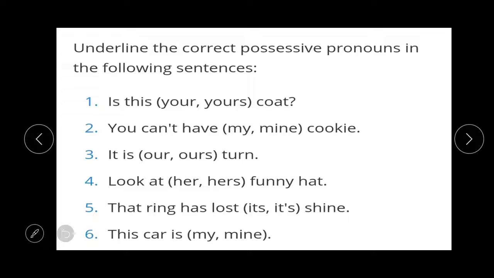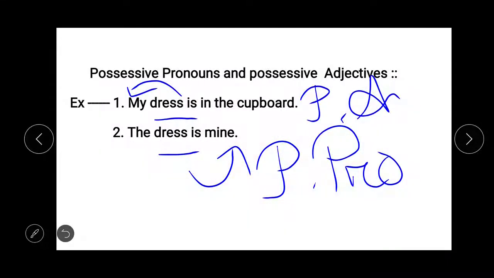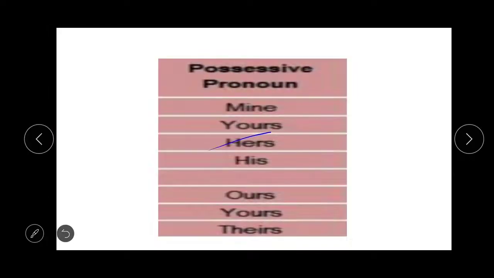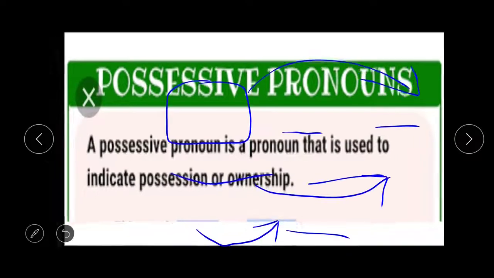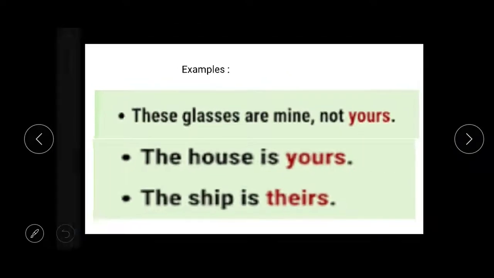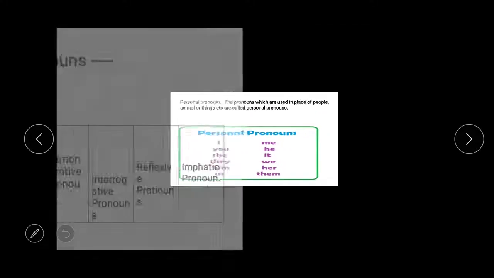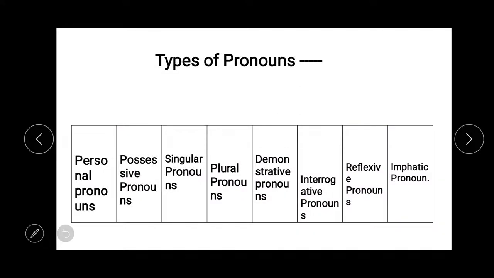Now students, with this we have finished our discussion on possessive pronouns. And you can see that after today's class we have already finished the first two types of pronouns, which are personal pronouns and possessive pronouns.